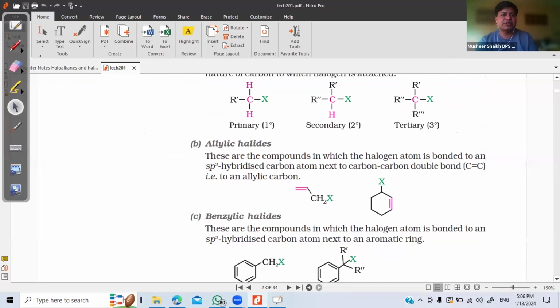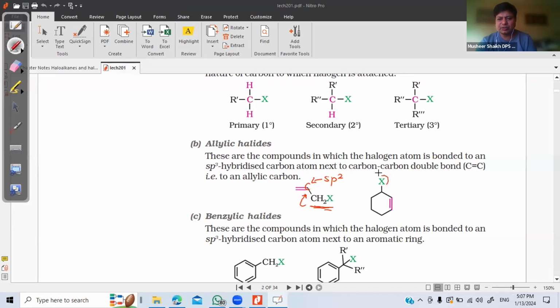Allyl halides. What is the meaning of allyl? In allyl halides, if your substituted carbon is connected with another carbon which is sp2 hybridized, that means a double bond carbon, we call it an allyl system.